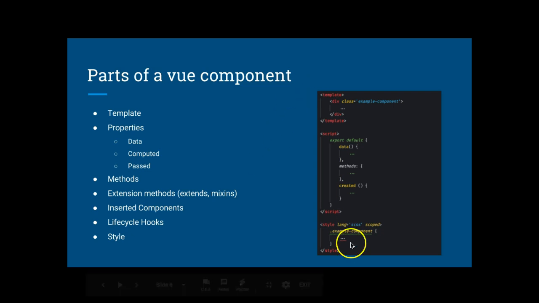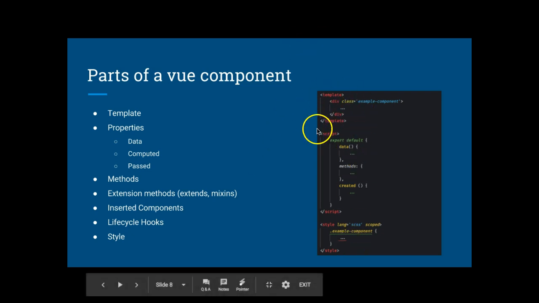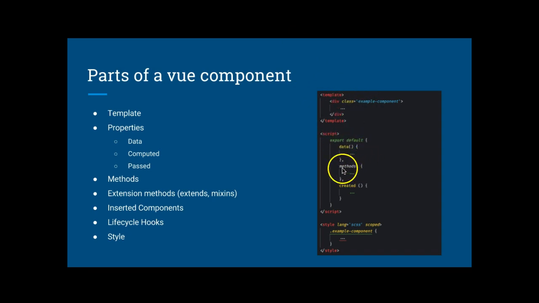The other pieces of a Vue file: the template up here, which is your regular markup; your data properties, which center around here. We're not seeing anything computed at the moment. Your methods, which are the functions, the operations that your component would want to do.